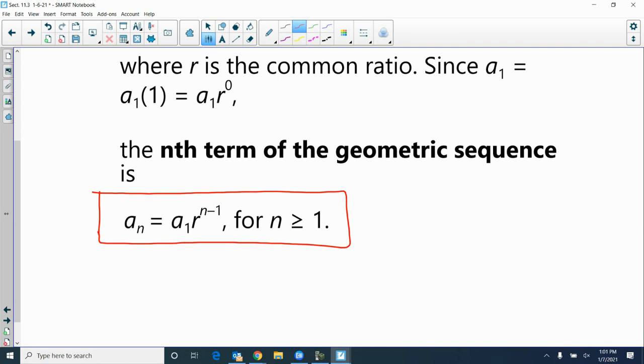And this is 4 times 2 to the 5th. Well, this is your first term, second, third, fourth, fifth, and sixth. So it's easy to see here that the power is 1 less than the term. Okay? So that's 2 cubed. The cubed is 1 less than the fourth term. Fifth term is 2 to the fourth. So this is your general form for geometric. That's your general form for geometric, okay?